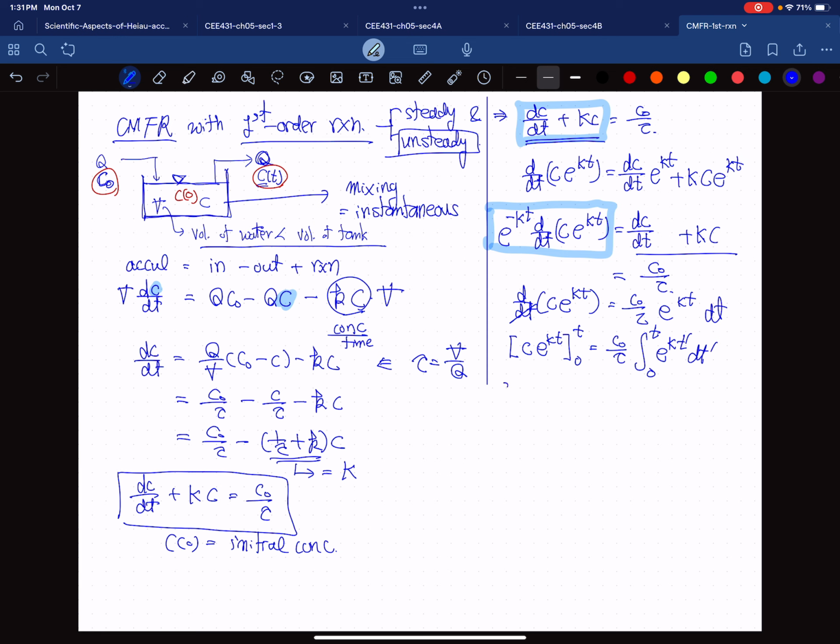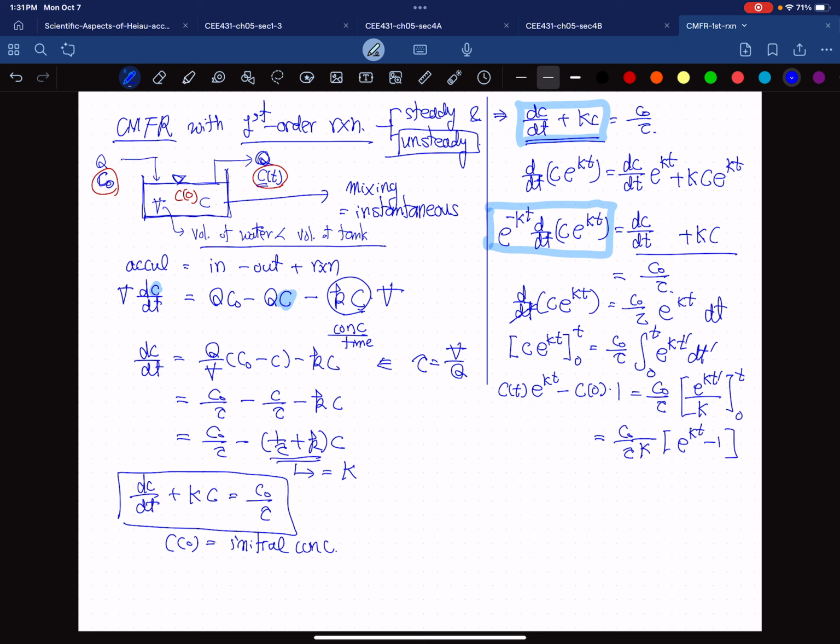So the left-hand side is C(t) exponential Kt minus C at t equals 0 times 1, which equals C naught over tau. If you integrate exponential Kt prime, you get one over K exponential Kt prime, from 0 to time t. So the right-hand side would be C naught over tau K times (exponential Kt minus 1).